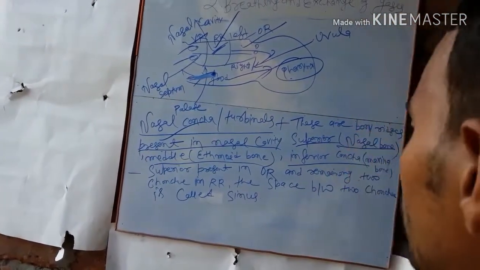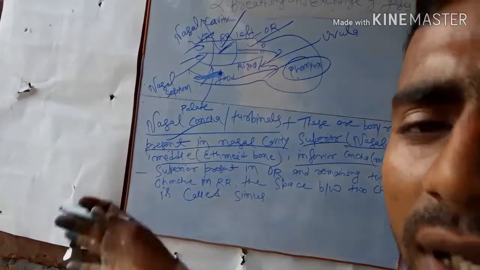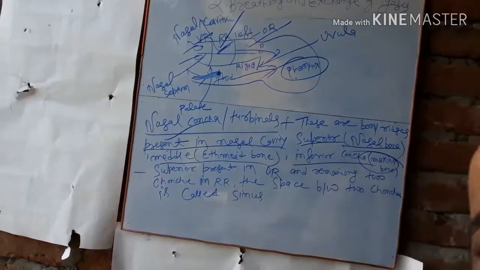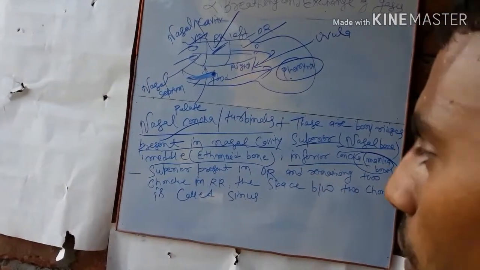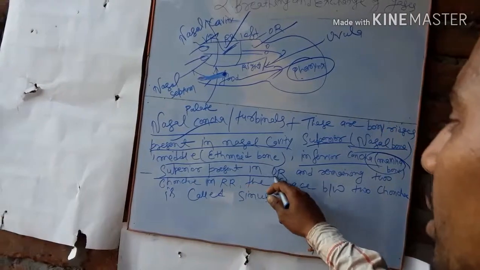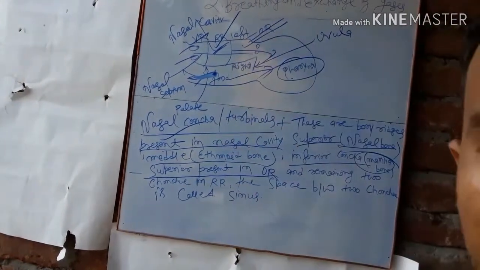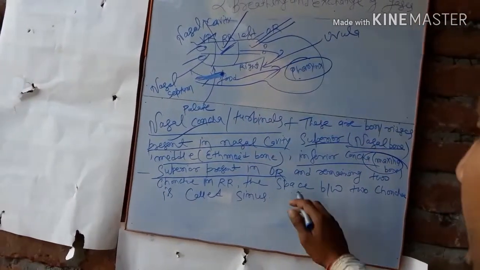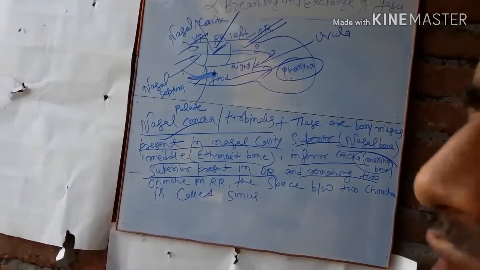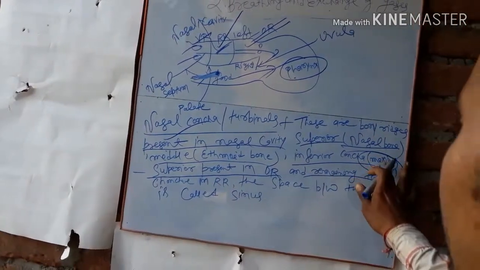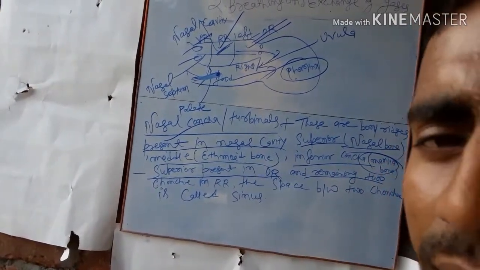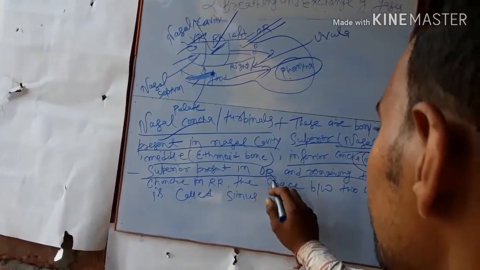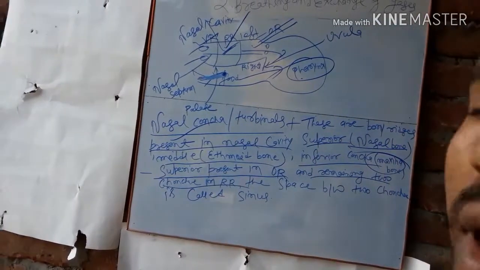The superior concha is present in the olfactory region, and the remaining two, the middle and inferior conchae, are present in the respiratory region.